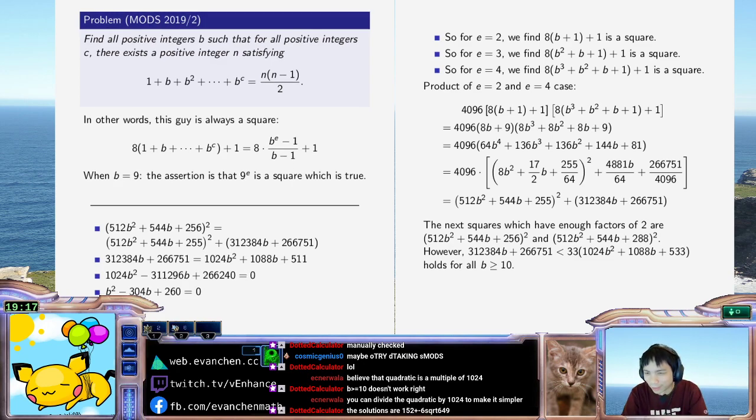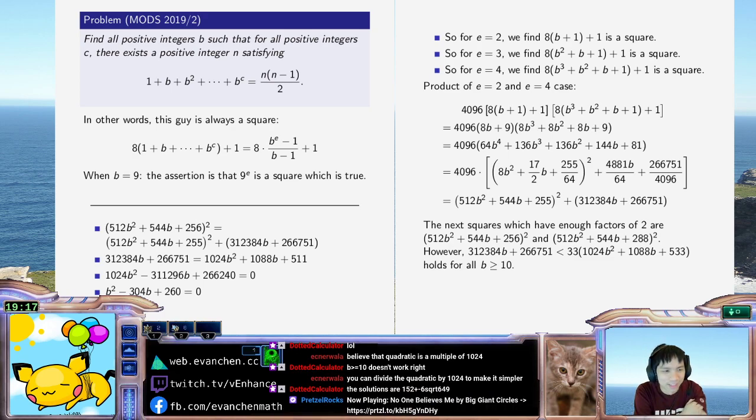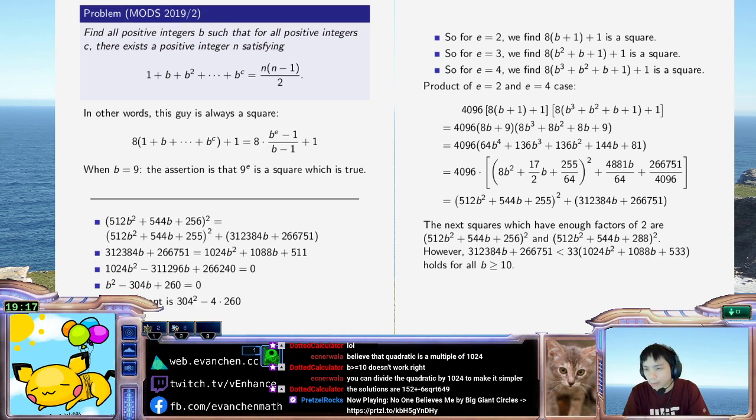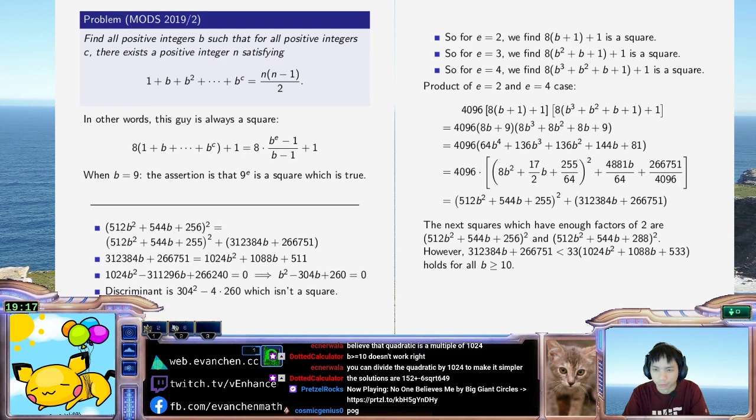Okay, does this have an integer solution? Its discriminant is 304 squared minus 4 times 260, which isn't a square. The reason it's not a square is because it's too close to 304 squared.